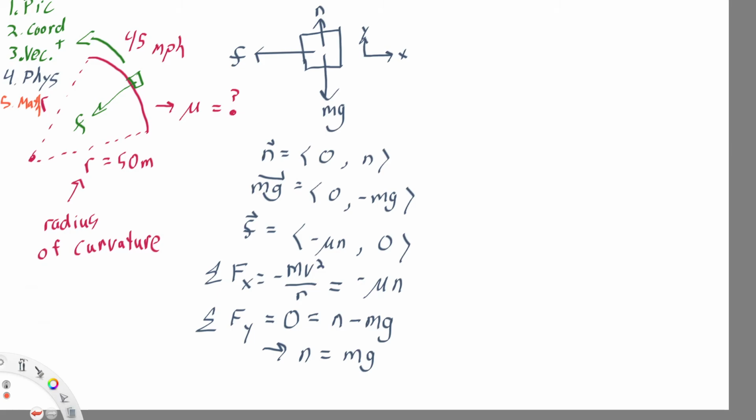Because if it's not mv squared over r, we don't have the required force to stay on the path, and so we don't move in a circular motion. In this case, if we're going on an on-ramp, not moving on the proper circular path is going to mean we're having a really bad day, and we need to call our car insurance. It's negative just because I said to the right was positive up here.